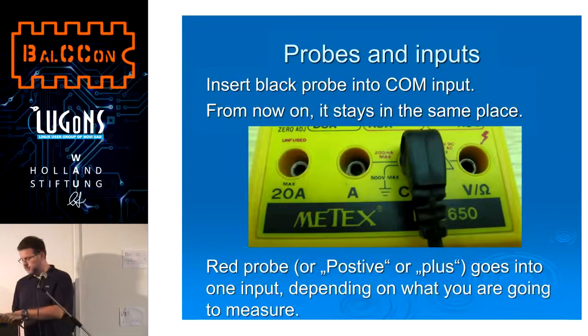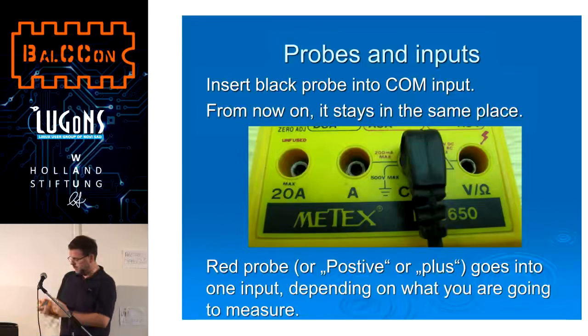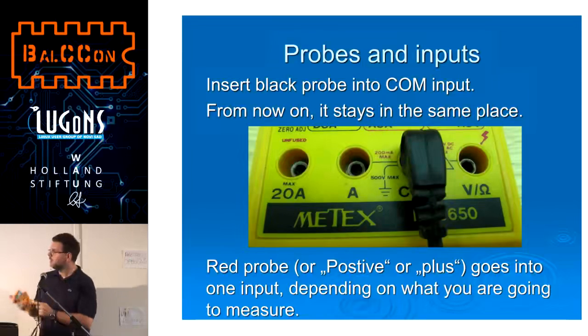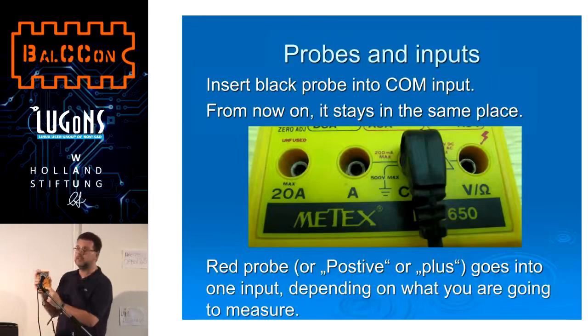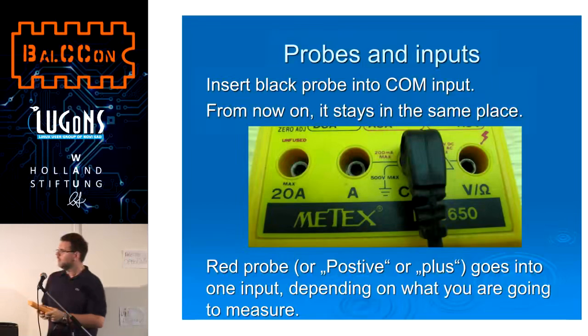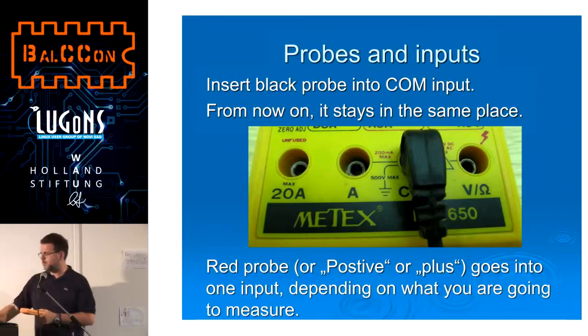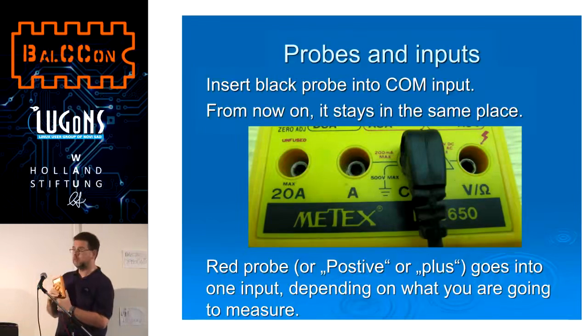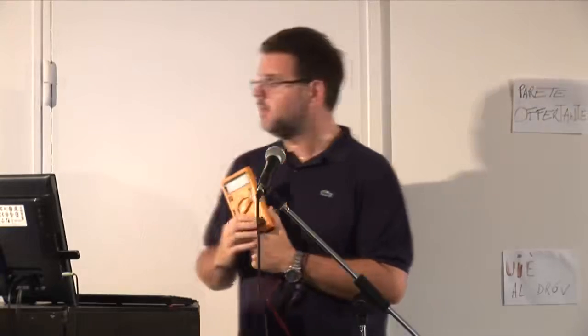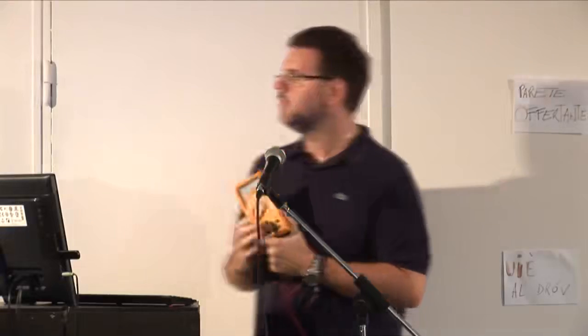When you start to measure, first put the black probe in the COM position, and you won't move it for any other measurement. That is the common probe and all voltages are referenced to it, so you can call it ground or 0 volts.